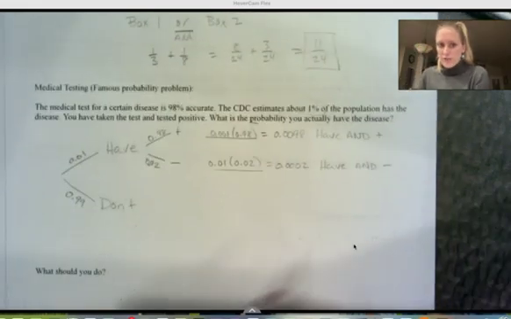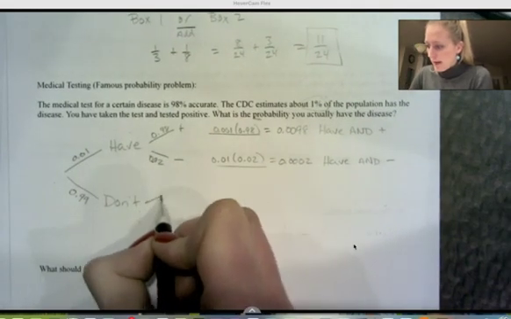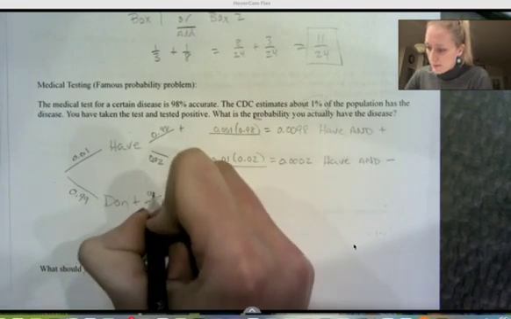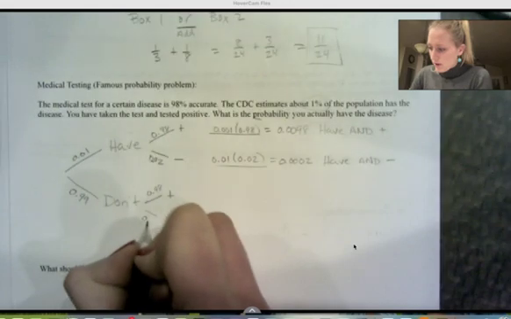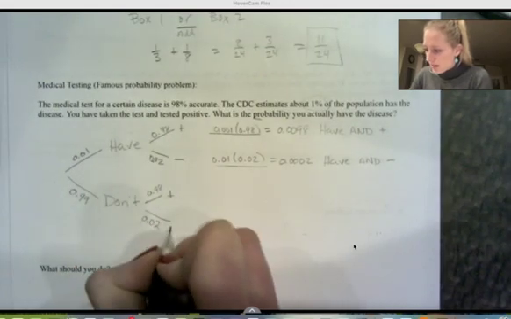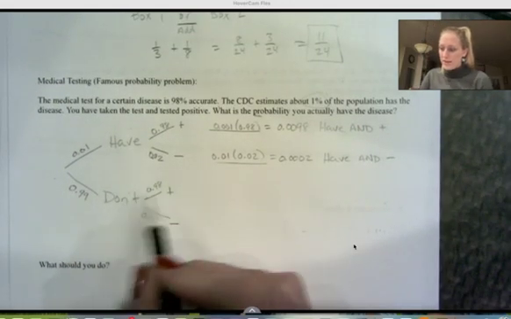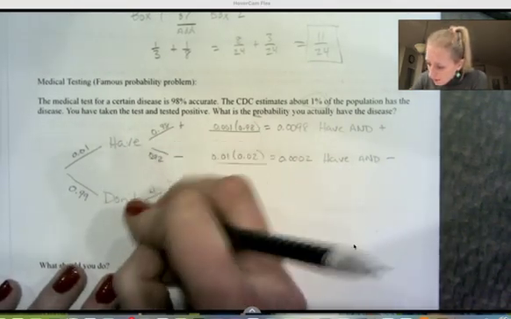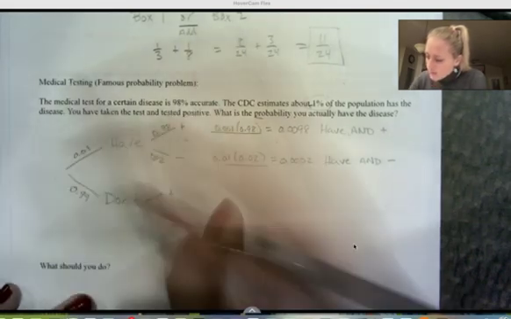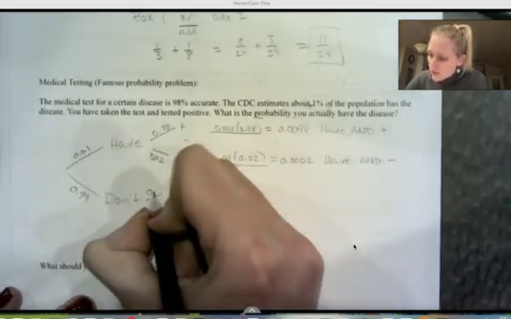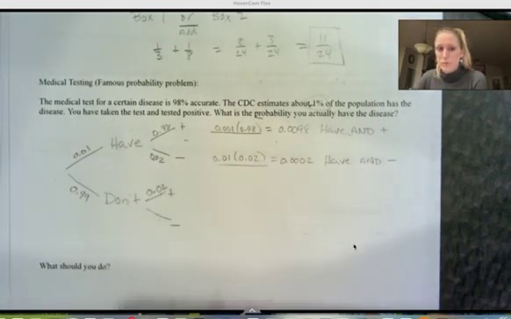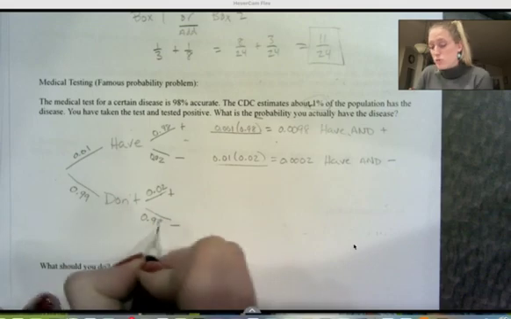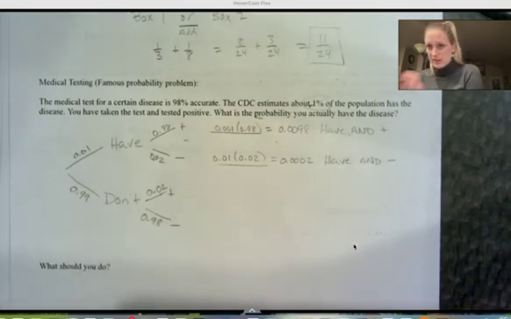Then there's the people who don't have the disease but still get tested. Oh, sorry, let me switch those. If you don't have it and test positive, that's a false result, right? So that's falling in that 2% of inaccurate. If you don't have it and test negative, as you should, that falls within that 98% that is correct.